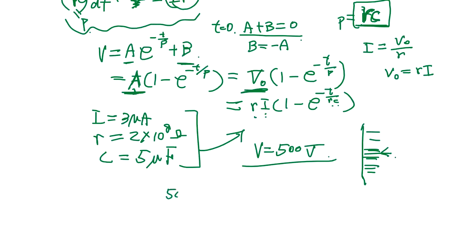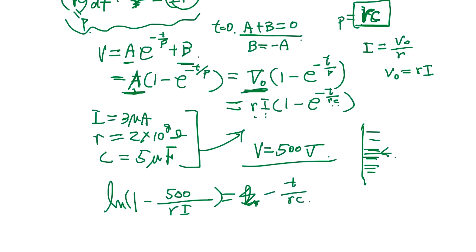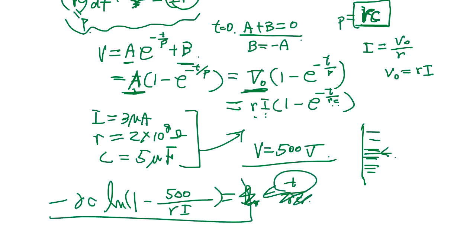So it's 500 divided by RI, and 1 minus that, and take the log, and t is going to be RC times that. Okay, you have to calculate this. So you get the time.